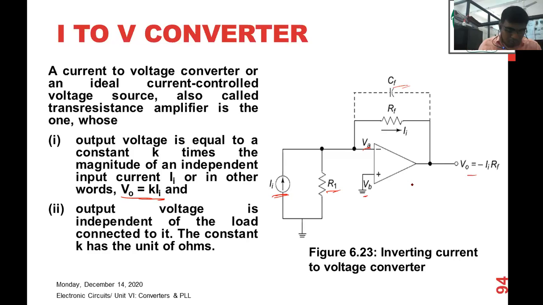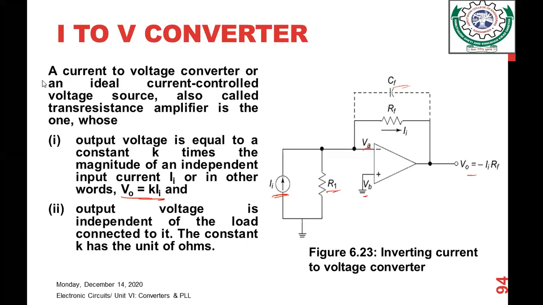So if you see here, in this particular condition, in the circuitry, the constant current source, it is generally easier to measure voltages here.